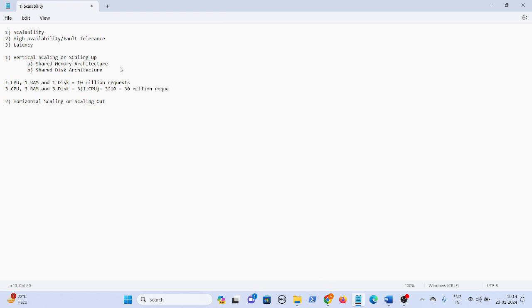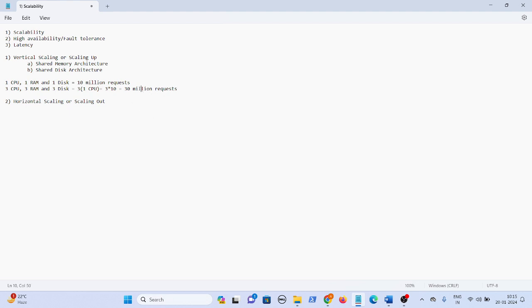Ideally, since we are tripling the CPU, RAM and disk, our request handling should also multiply by 3.